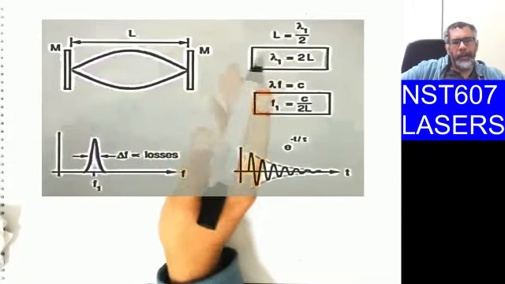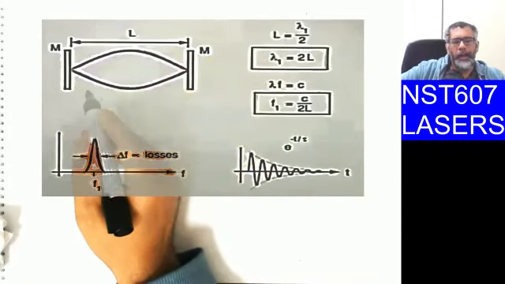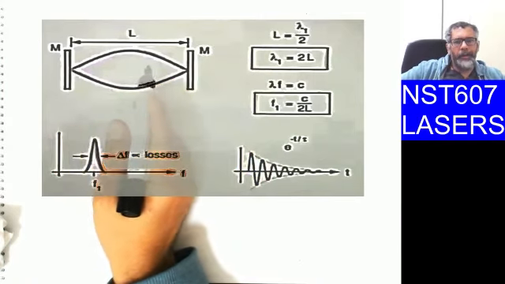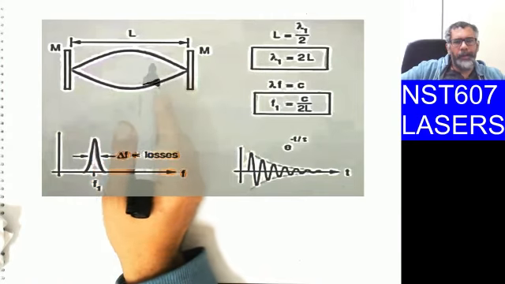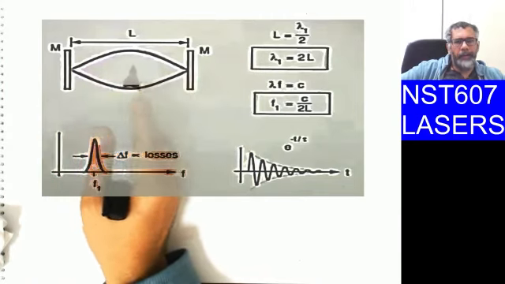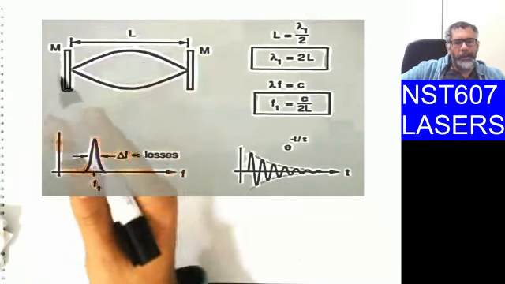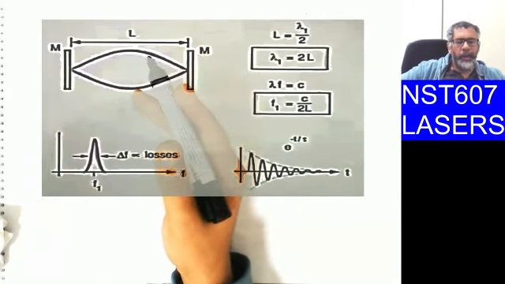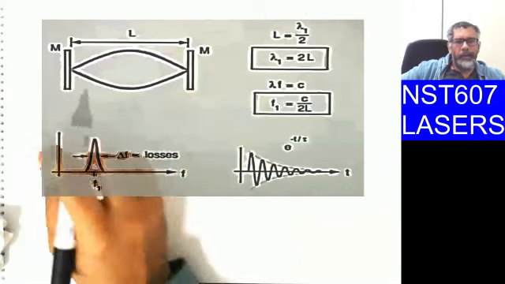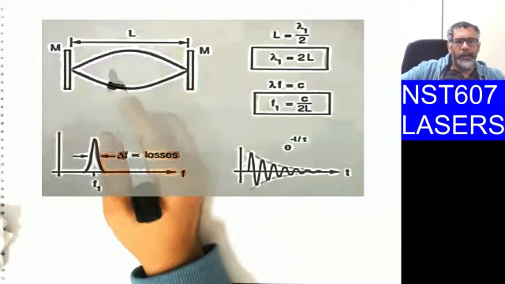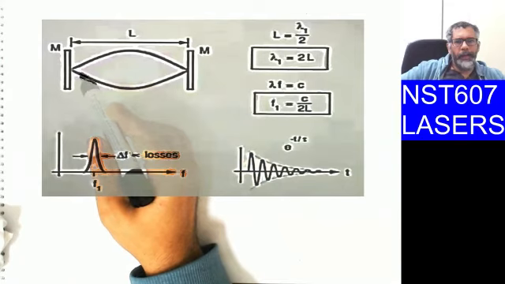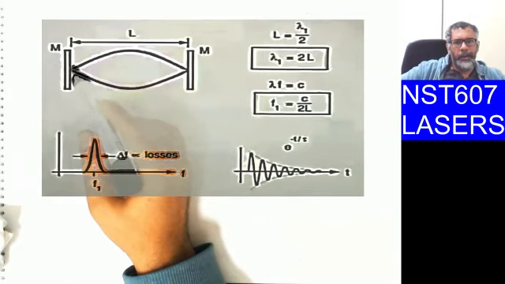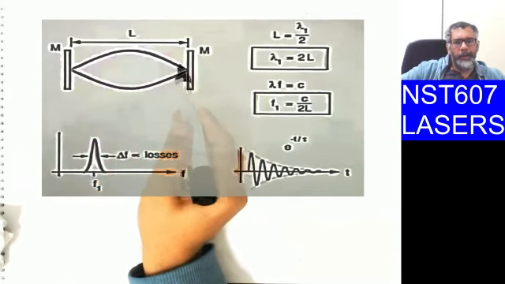Since mirrors are reflecting light, if a portion of light somehow entered between these mirrors, this light will reflect back and forth, and this is nothing but your electromagnetic wave. If this has a single wavelength, the largest wavelength that can fit between these two mirrors is going to be in this shape.